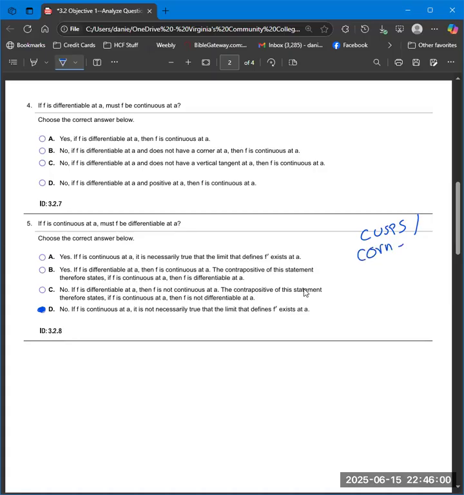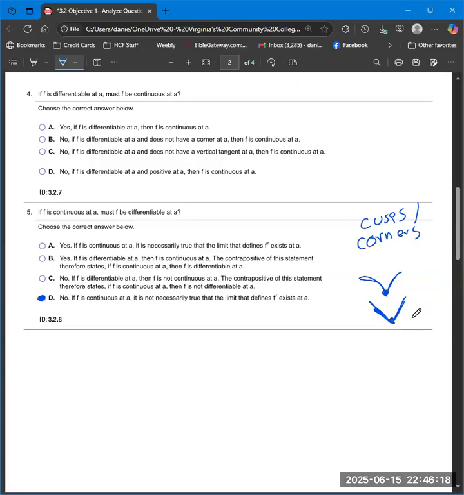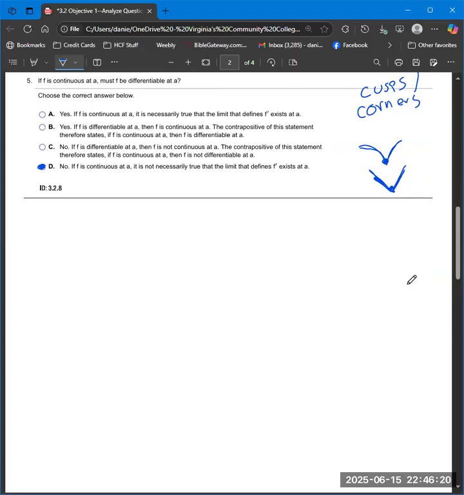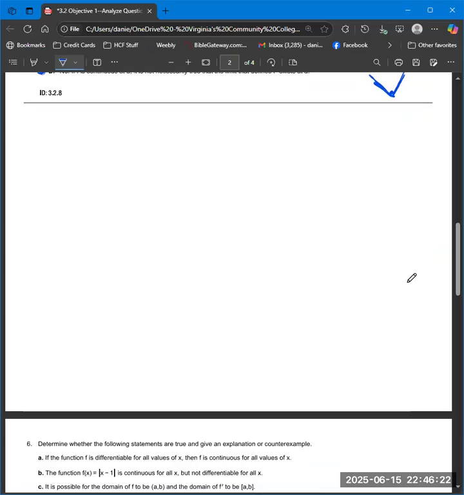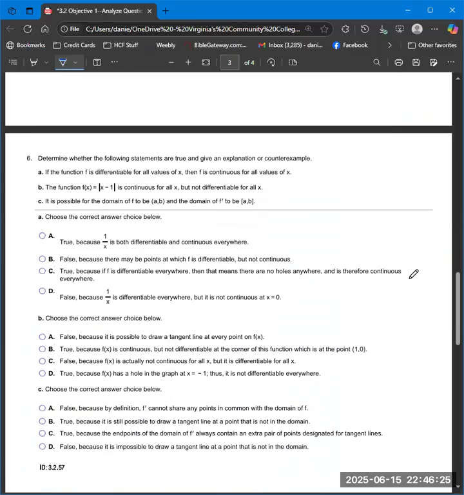So we have cusps and corners. Think about sharp points like this or like this in the function, it will not be differentiable at that sharp point. Even though we can draw that part of the curve without picking our pencil up off the paper, it's continuous there, but it's not going to be differentiable there.